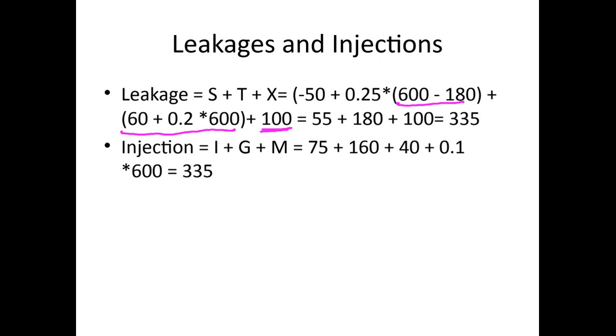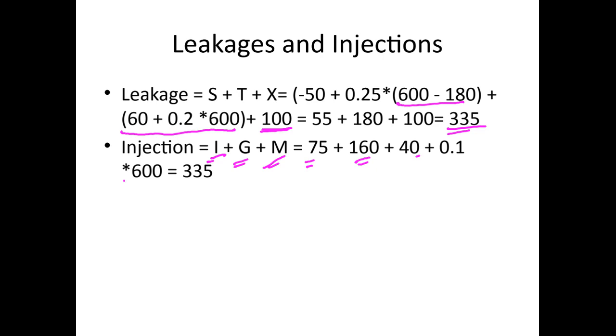Now, what are injections? Investment is much easier to calculate because this is autonomous, that is 75. Government is also very easy to calculate, autonomous, 160. Now we have to calculate imports. We know the function. The imports function was 40 plus 0.1Y, and instead of Y, I just wrote 600. So if you add all these terms, you will again get 335.